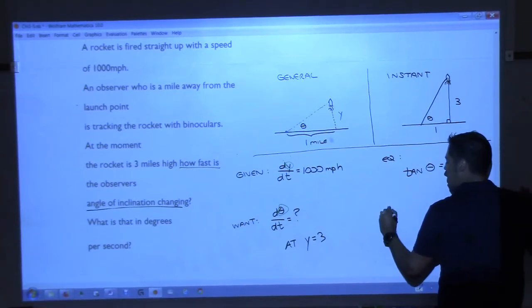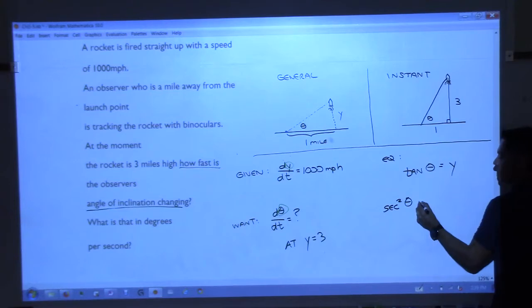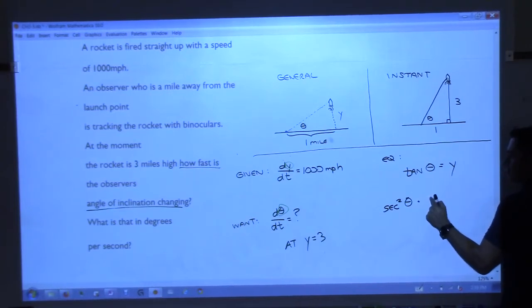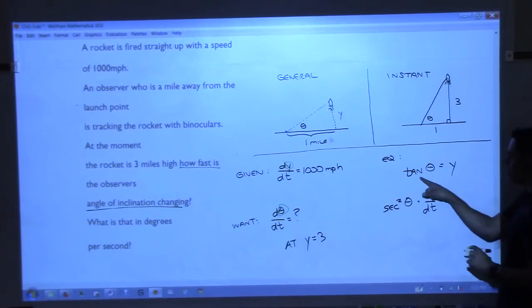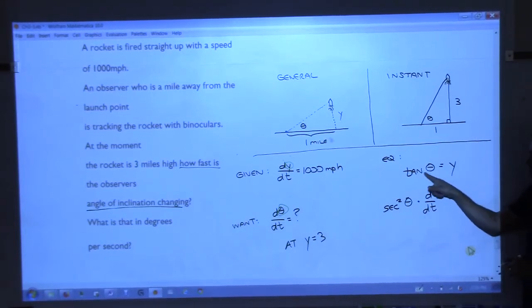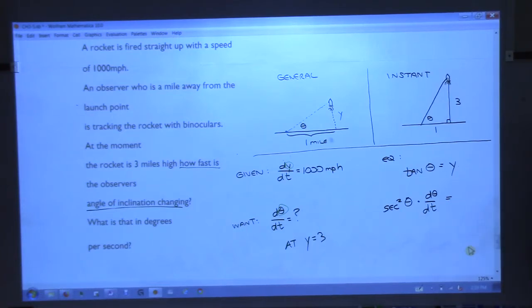I would get secant squared theta times dθ/dt. Chain rule. You have to take the derivative of what's in here now, right? So the derivative of tangent of something is this, then the derivative of that is this. That takes the left side. Now the right side, what's the derivative of y with respect to time? dy/dt.